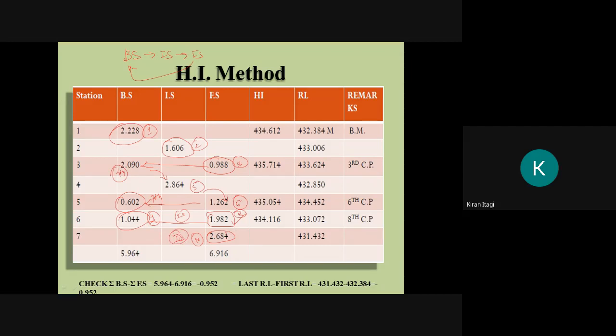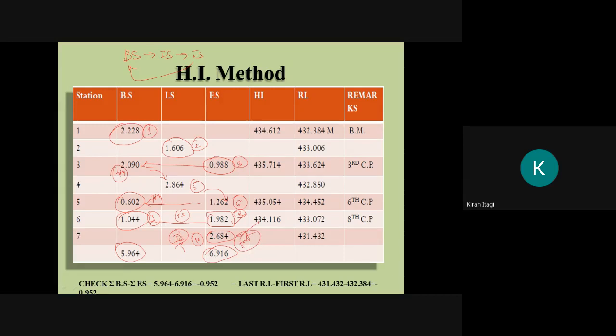Why should we do like that? We should write the very last reading in the foresight only. Otherwise, the sum of the levels will not be equal.